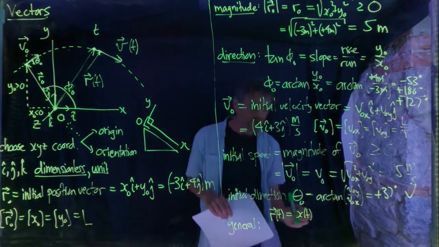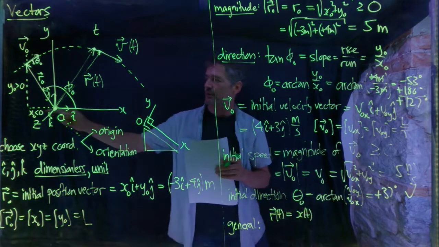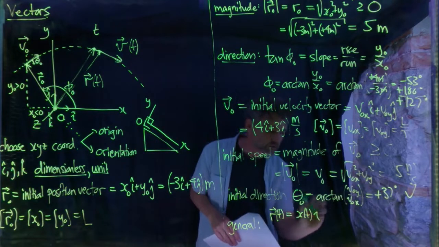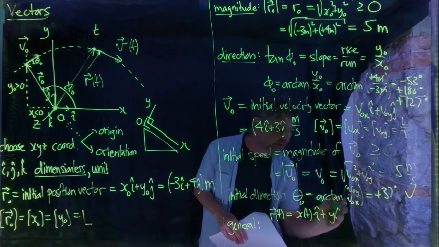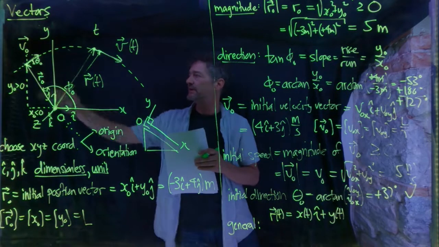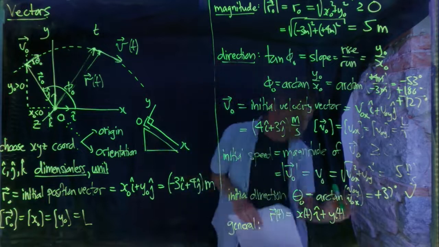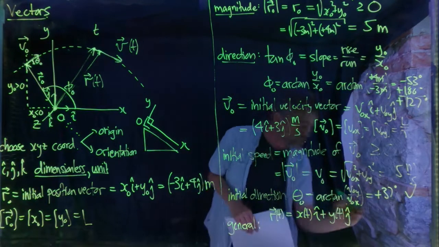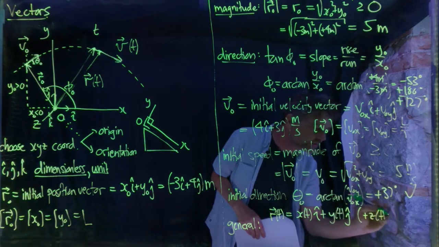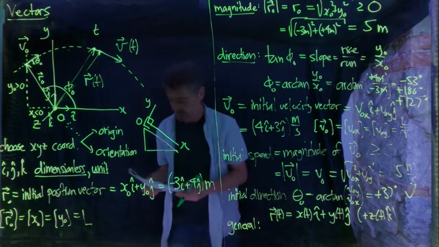So it'll be some x of t, that's its horizontal position, or its position along the x-axis as a function of time, in the i hat direction, plus y of t, some function y of t, which in this case at first increases and then decreases as time goes on. It first goes up, then it comes down. So that's in the j hat direction. And then if it's in three-dimensional space, we would also add to this a z of t in the k hat direction. Oftentimes we just work in two dimensions.